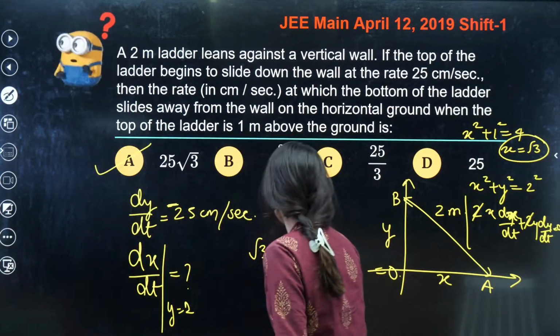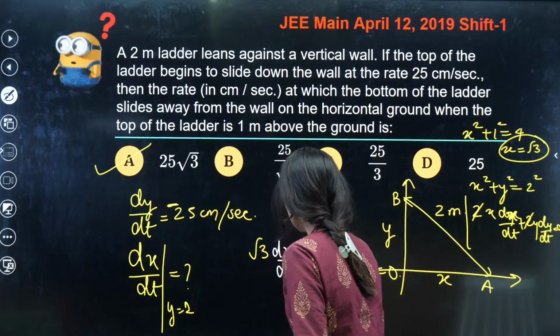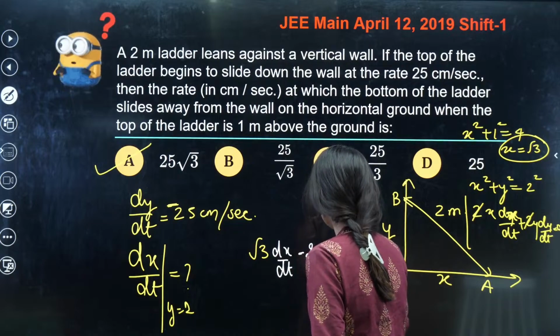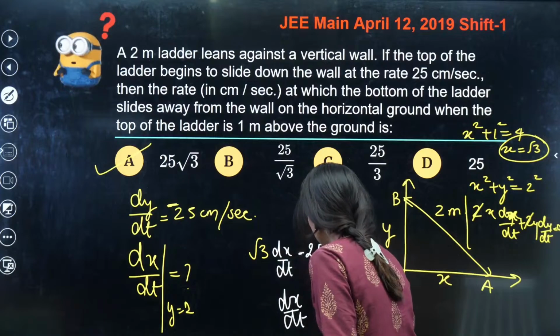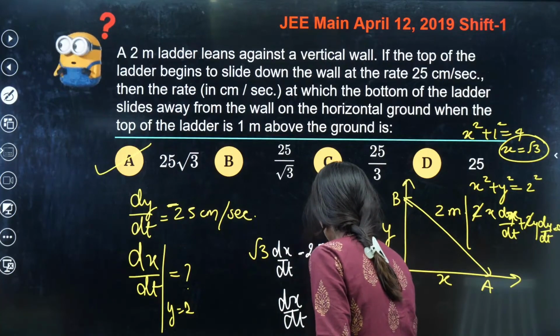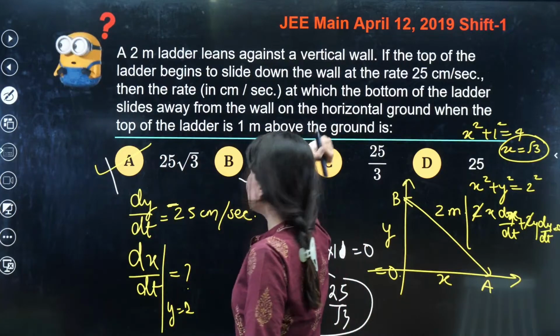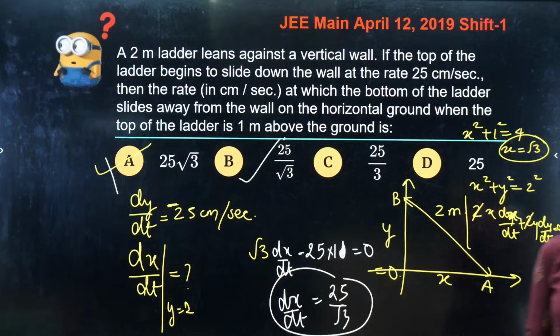So root 3 times dx by dt, which we need to figure out, then minus 25 into 1 is equal to 0. So your dx by dt comes out to be 25 by root 3. So which answer is correct? 25 by root 3. Option B is absolutely correct. Yes, have a look and let me know.